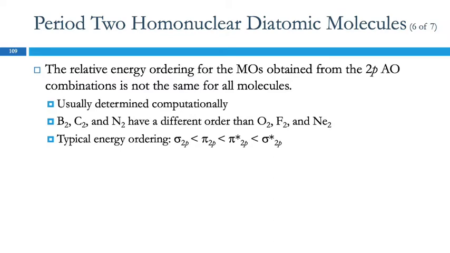So the relative energy ordering for the molecular orbitals that we get from the 2p atomic orbital combinations isn't the same for all the molecules. It has to be determined computationally, and we're not going to make a big deal out of this. But boron, carbon, and nitrogen have a different order than oxygen, fluorine, and neon.